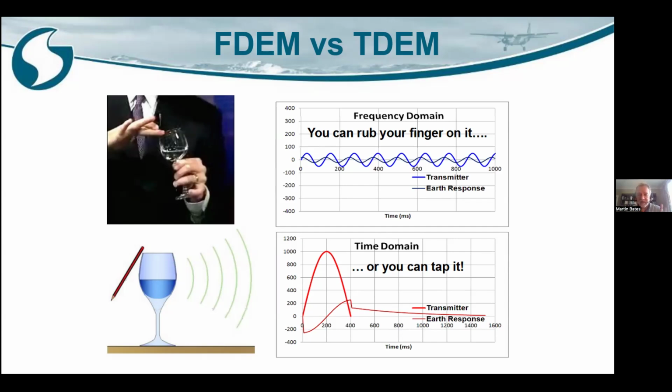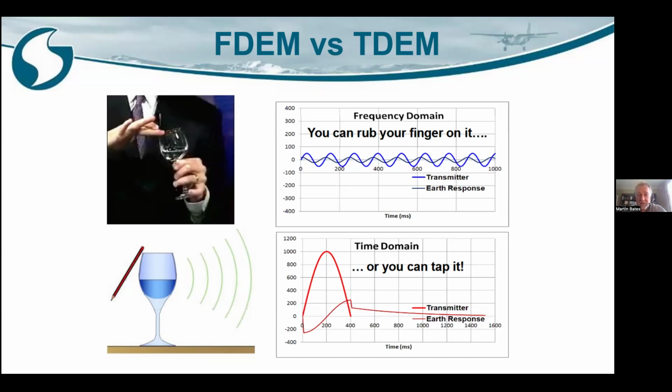So you do your basic right-hand rule. You've got a changing magnetic field and a conductor. It generates a current. What do currents have related to them? They have secondary magnetic fields, which will then be detected by the detector. It tells you about the conductivity in the ground. That's your basic EM theory in a nutshell. The actual mathematics behind it is a bit hairy, but that's how it works.